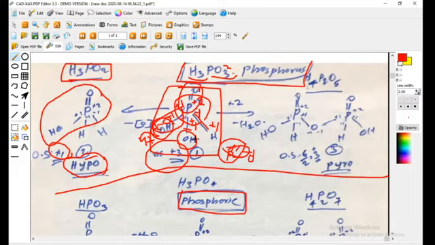So remaining, there will be one OH group here, but here the OH is removed, so there is only hydrogen in hypophosphorus acid. The structure is also the same, a tetrahedral shape. Going to the oxidation state, there will be plus 2 because of the double bond O. Here plus 1, here minus 1, here minus 1.